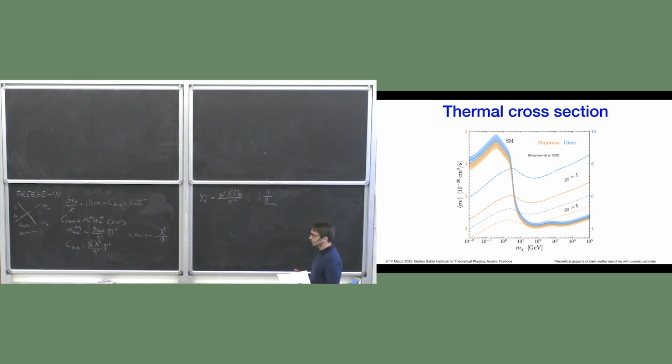What is T final? T final is the temperature at which you stop the production of dark matter particles. Can you imagine what is basically the temperature? What does it mean, the temperature at which you don't have dark matter particle production? What should it be? Exactly, it should be related to the energy of the standard model particles.